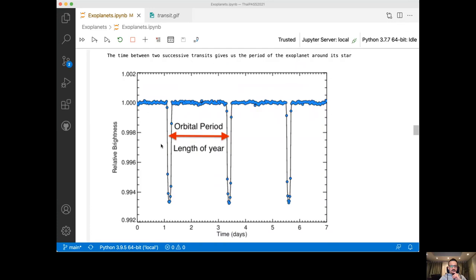So here I just have some data, I think they are from real data. You have a planet that gives these 3 transits here. So every time the planet passes in front of the star, you will see this dip in the relative brightness of the star.